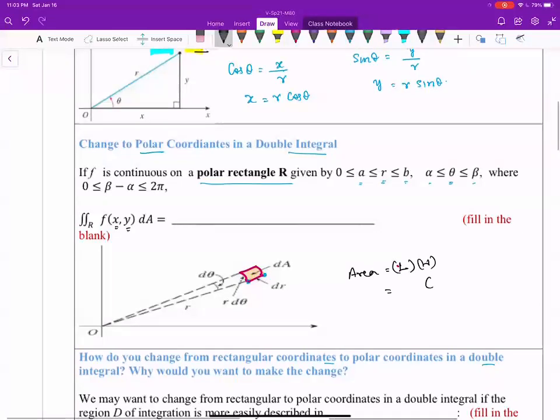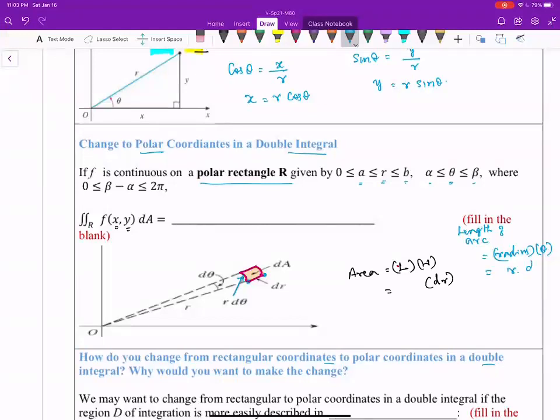The width is the distance between a and b, which is dr. The length, especially this part, can be considered as the length of an arc. The length of an arc is radius times theta, radius times the angle that it subtends. So the radius in this case is r.